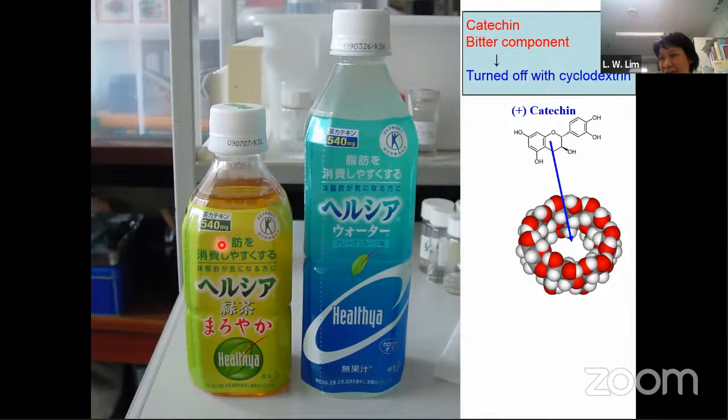In order to make this healthy tea easy to drink, we use cyclodextrin. The cyclodextrin forms an inclusion complex, so the bitter component is turned off. When we drink this tea, it is not bitter, it is actually sweet.